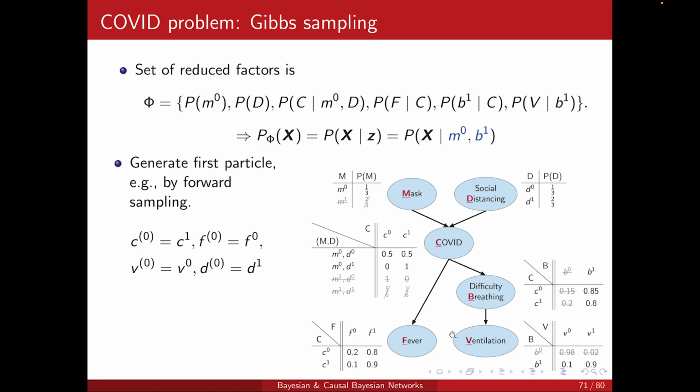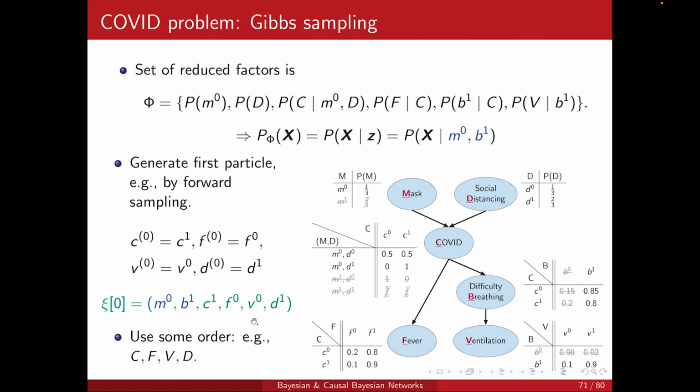Here we have a total of 6 variables. 2 of them are determined, the other 4 are here. And imagine after doing that, you will get these ones: C1 for COVID, F0 for fever, and so on. So I have iteration 0, particle 0 values. And if I put them together with the evidence, this is what I will get.